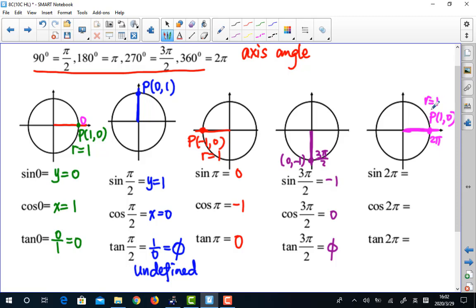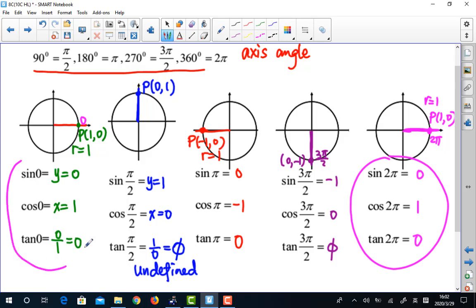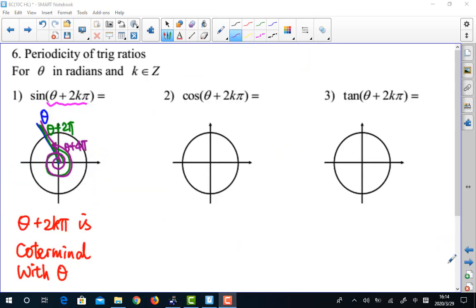R equals 1. So sine 2 pi is 0. Cosine 2 pi is 1. Tangent 2 pi is 0 over 1. Those three trig ratios are exactly the same as those three trig ratios. Right now, let's look at section 6, periodicity of trig ratios. The periodicity of trig ratios can also be stated as: two coterminal angles must have the same trig ratio values.